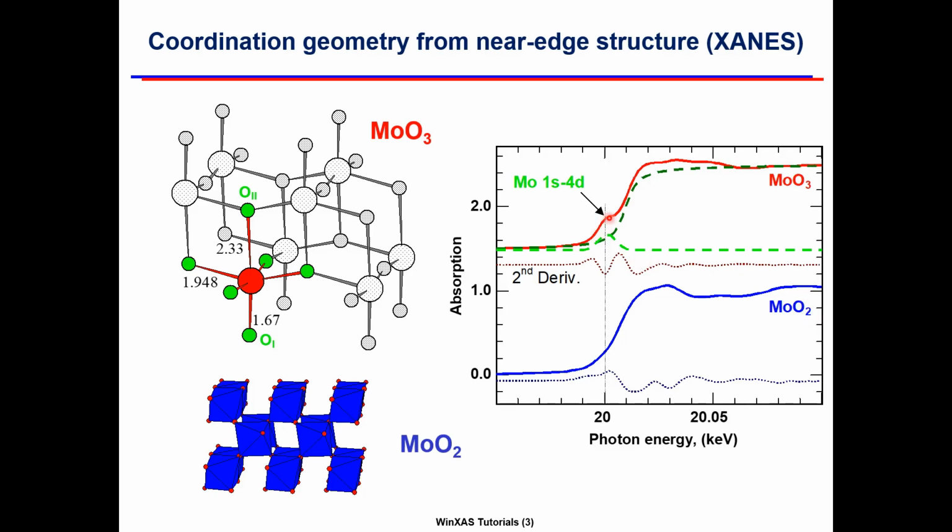The pre-edge peak in the spectrum of molybdenum trioxide is indicative of the distorted coordination of molybdenum by 6 oxygen atoms, while the absence of a pre-edge peak in molybdenum dioxide corresponds to a more regular octahedral coordination. In a refinement procedure, the pre-edge peak can, for instance, be modeled by a suitable profile function, while the edge position is obtained from the position of a step function.